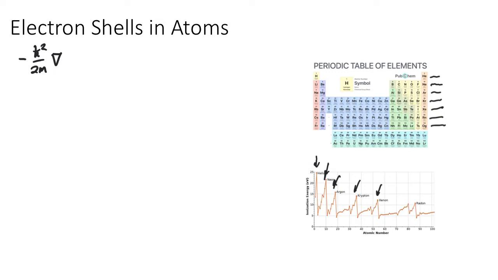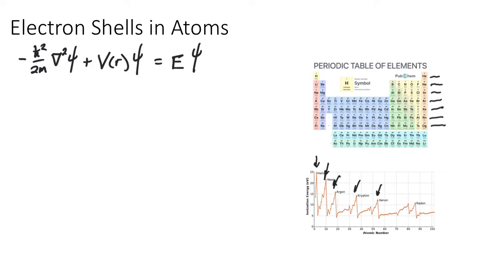So we have minus h bar squared over 2m, Laplacian of the wave function, plus the potential, which is only a function of r for a spherically symmetric potential, times the wave function, equals energy, which is just a number, times the wave function. Solutions to this equation are the allowed state wave functions.